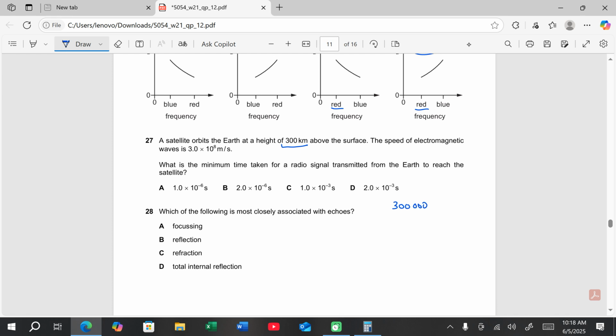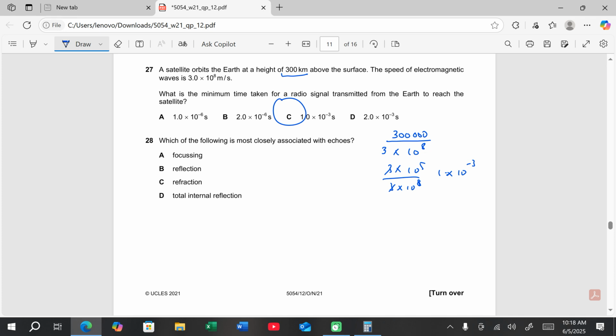Time is distance divided by speed. This is 3 into 10 to the power of 5, this is 3 into 10 to the power of 8. That gives 1 into 10 to the power of minus 3. So that's C.